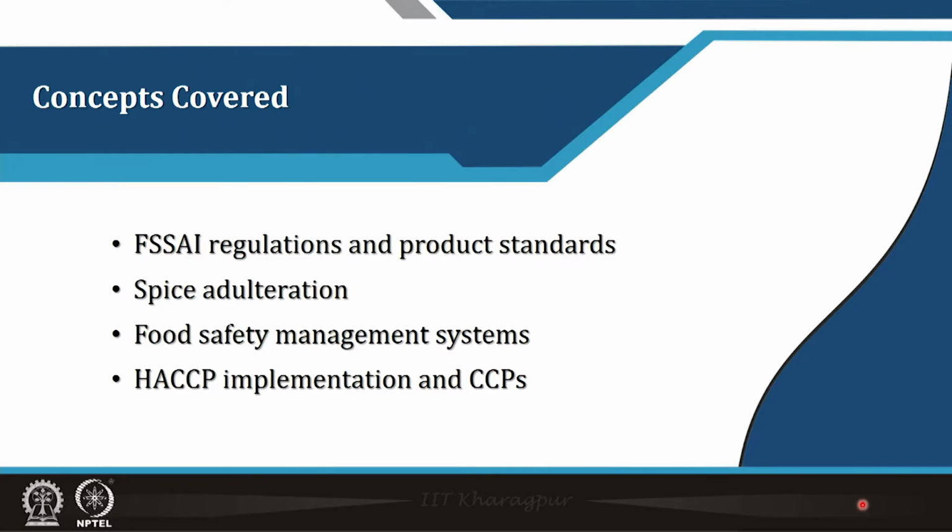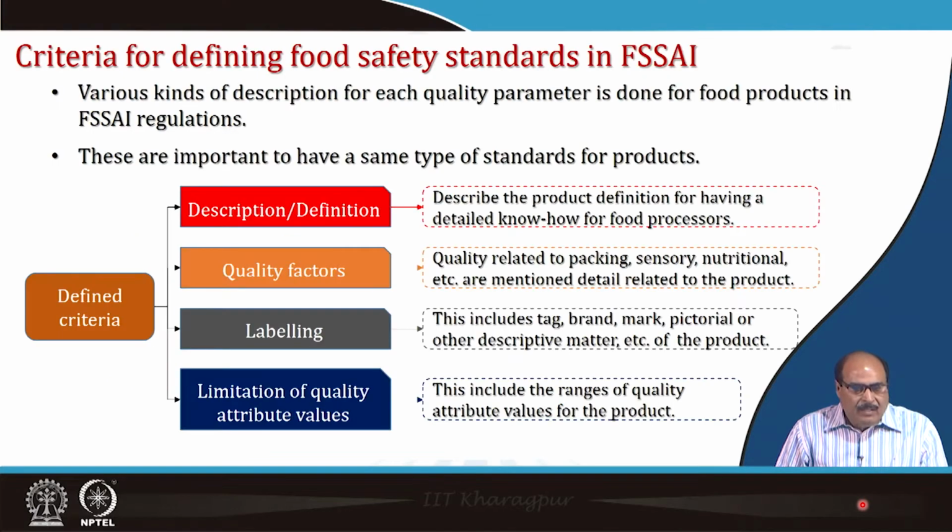Here we will discuss FSSAI regulations and product standards, that is, major products from fruits and vegetables, spices, etc. Also we will throw some light on spice adulteration, then food safety management system, and finally we will discuss HACCP implementation and CCPs.